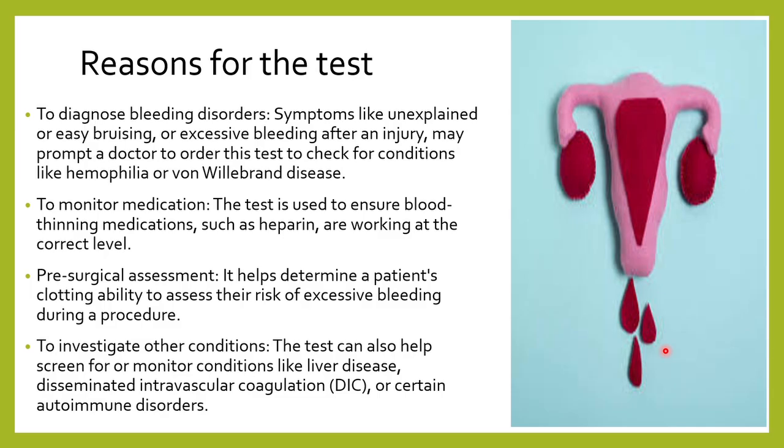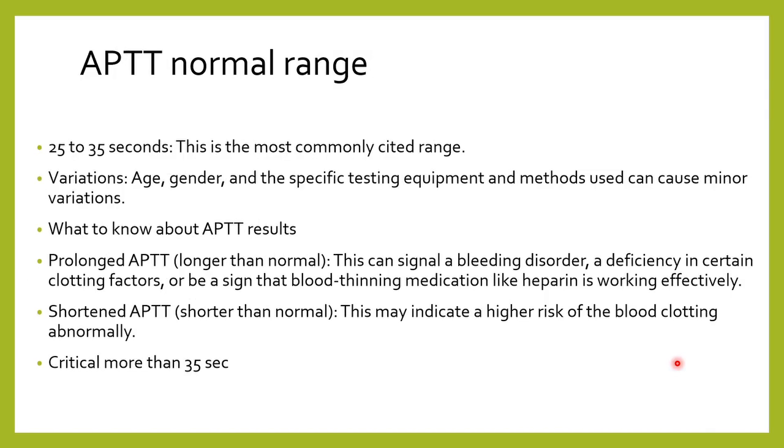To investigate or monitor other conditions, like in liver disease, when the liver is failing, to see how bad the liver condition is, or in DIC, or in certain autoimmune disorders, we will require your APTT. The normal range of APTT would be around 25 to 30 seconds.